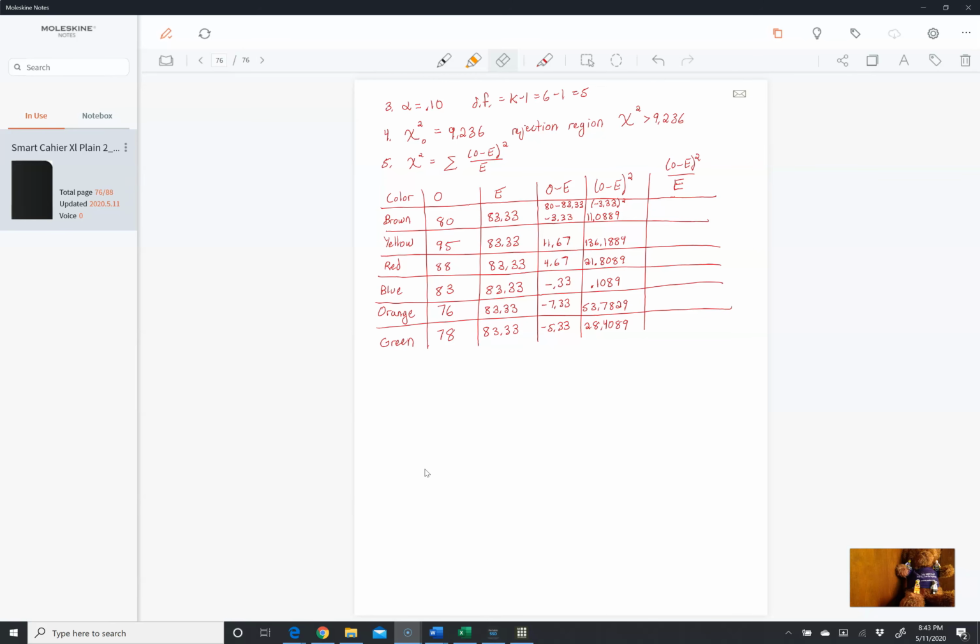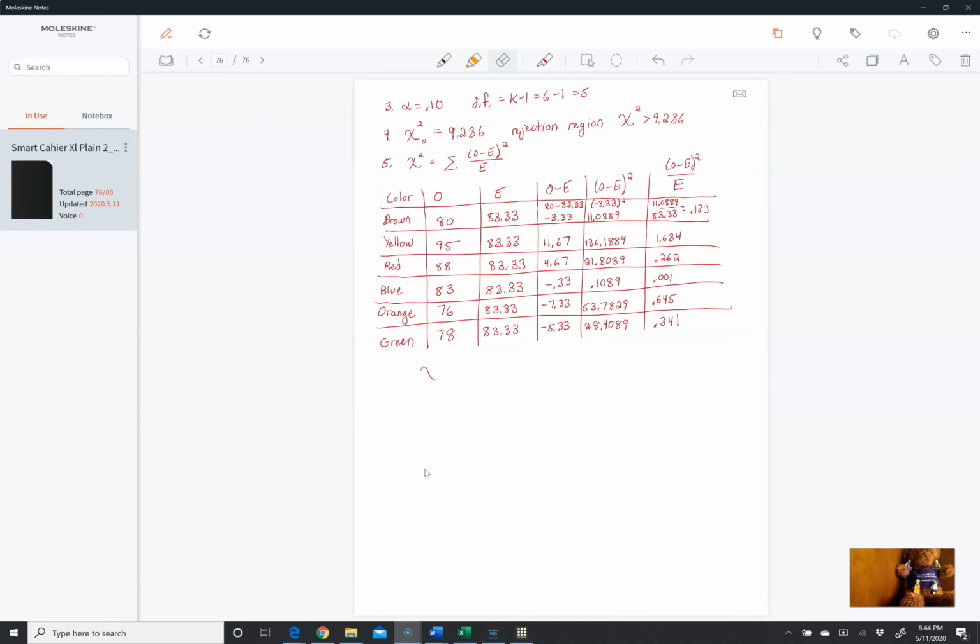Okay. Now we do the 11.0889 divided by 83.33. Okay, so we're dividing. We get 0.133 here. Here we get 1.634, 0.262, 0.001, 0.645, and 0.341.